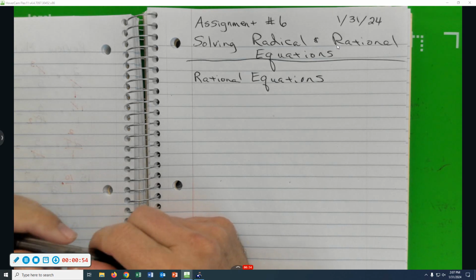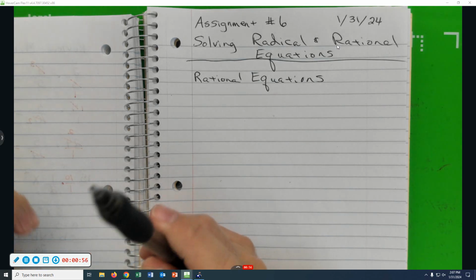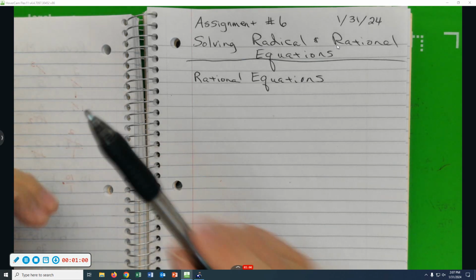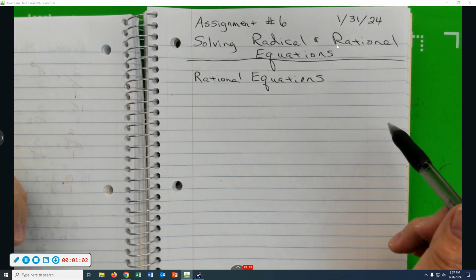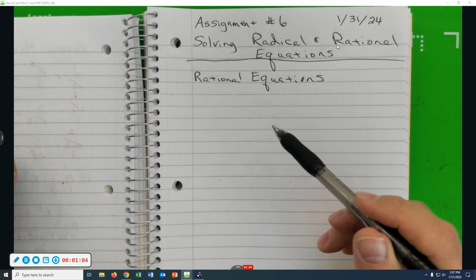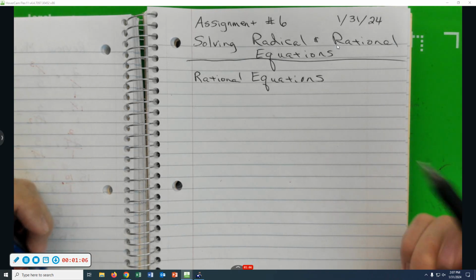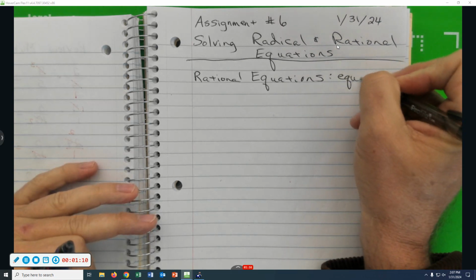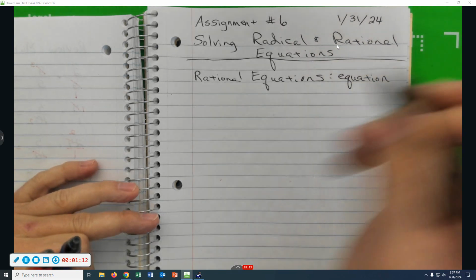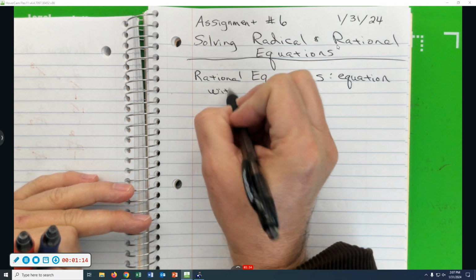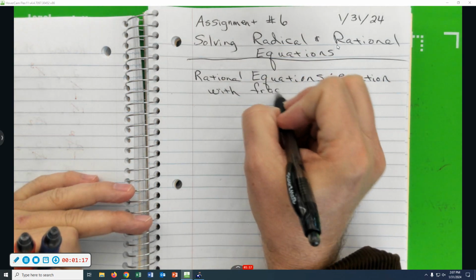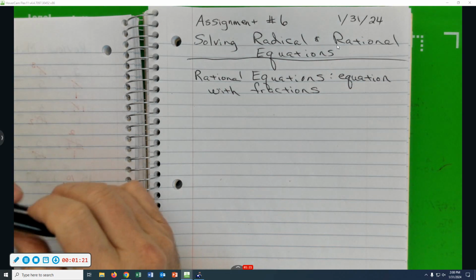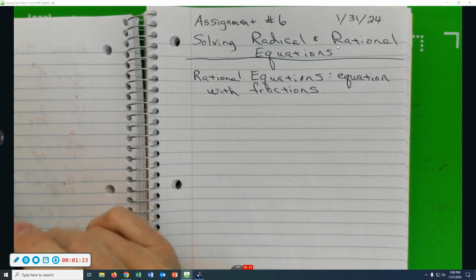So, rational equations. A rational number is any number that can be written as a fraction, one integer over another integer. So a rational equation is just an equation with fractions. Now, we're going to have a process to solve these.